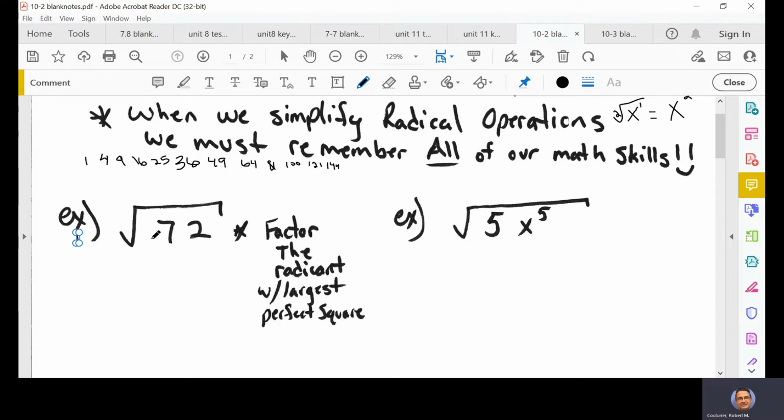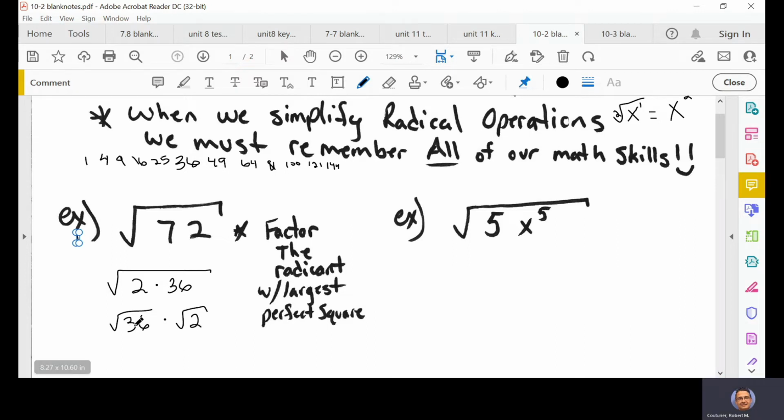It does. So we could rewrite this as the square root of 2 times 36. More importantly, when you break them apart, there are laws that allow us to rewrite it any way we want. We can actually separate these: the square root of 36 times the square root of 2.